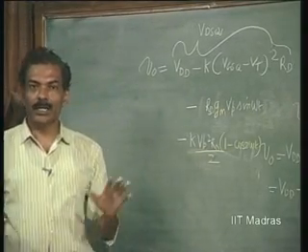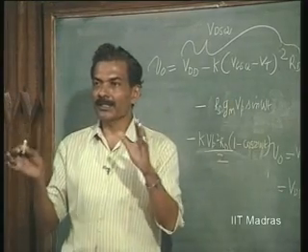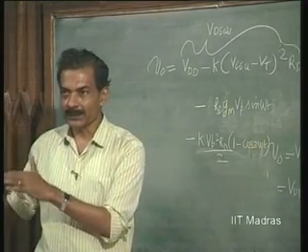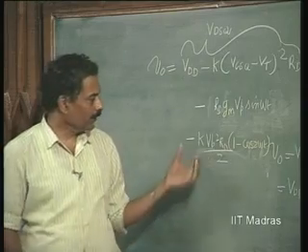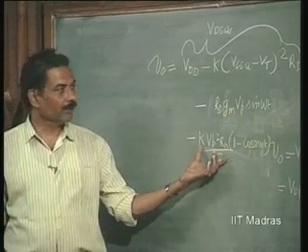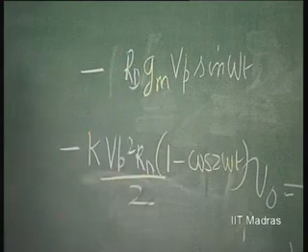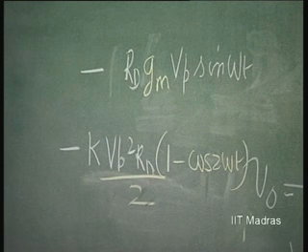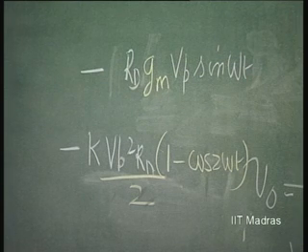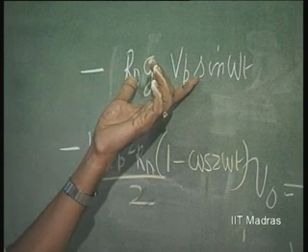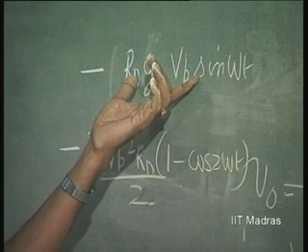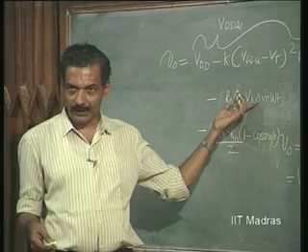If you are told to keep the amplifier second harmonic distortion less than 1%, then this divided by this has to be kept less than what? 1%. This divided by this should be 1 over 100, 0.01.